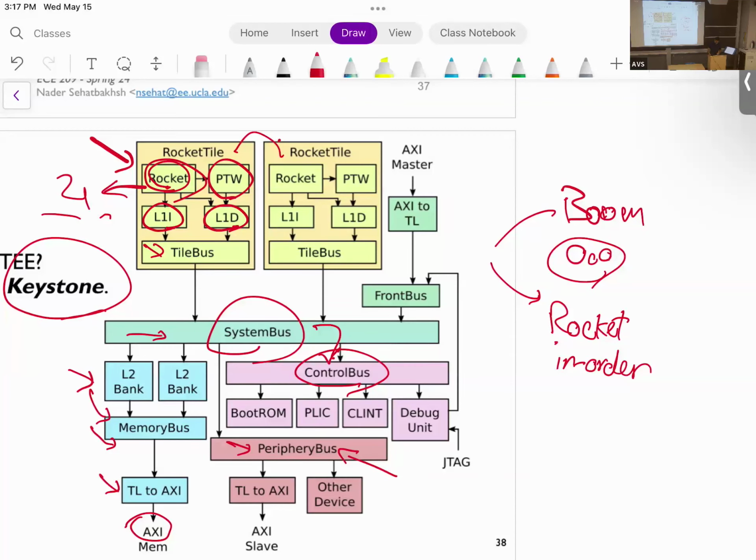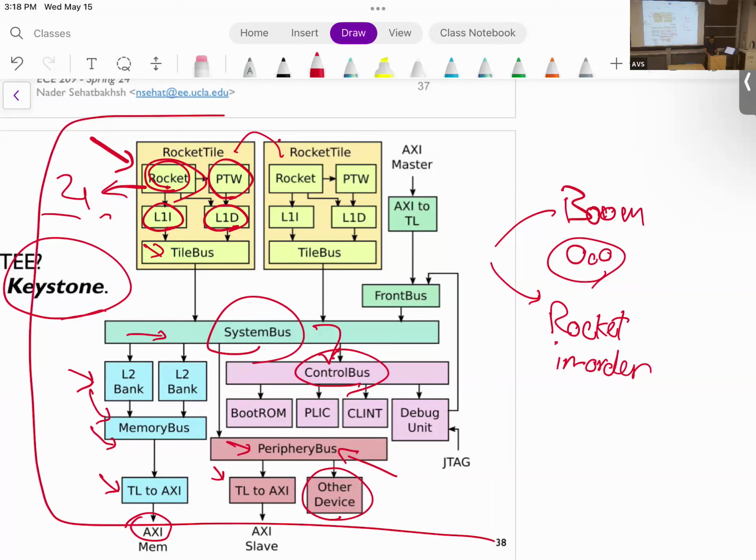So you can have, for example, the TL2A, the TileLink to AXI. You can have all these other devices that, let's say, use PCIe or PCI or other kinds of communication methods. And this makes the system very scalable. So now you can have a bunch of things connected, but this essentially creates one SoC, in other words, one die in your system. Then you might actually have multiple of these dies connected to each other.